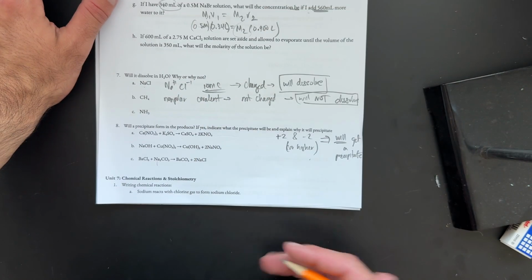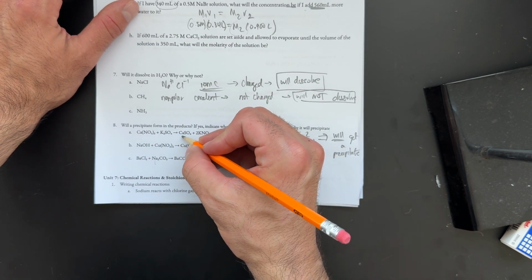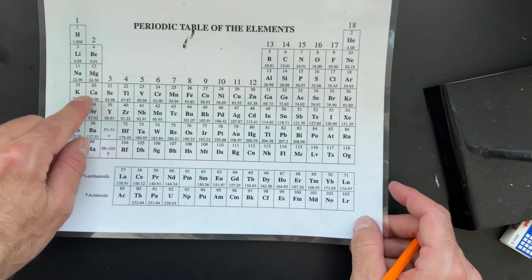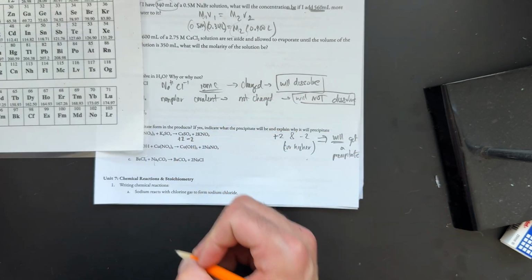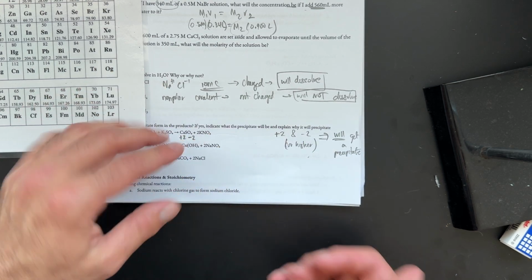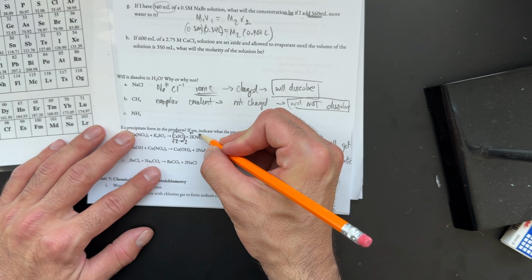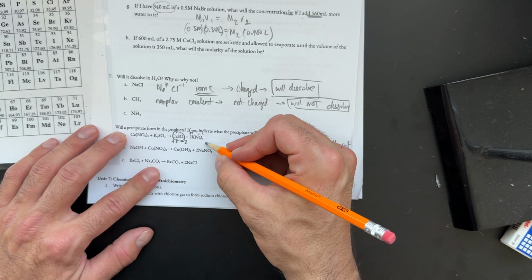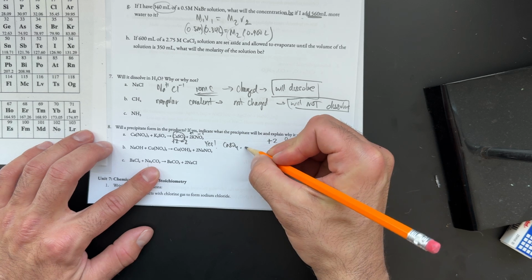Anyways, again, take a look at my slides if you want a more in-depth review of that. But basically, we look here and it's like, okay, Ca, what charge is it going to be? It's going to be +2. And SO4, we know because we memorized our polyatomics, is -2. And so +2, -2, that is the situation, and so this is going to precipitate out. K is +1, NO3 is -1, so actually this won't. But this precipitate will form, CaSO4.